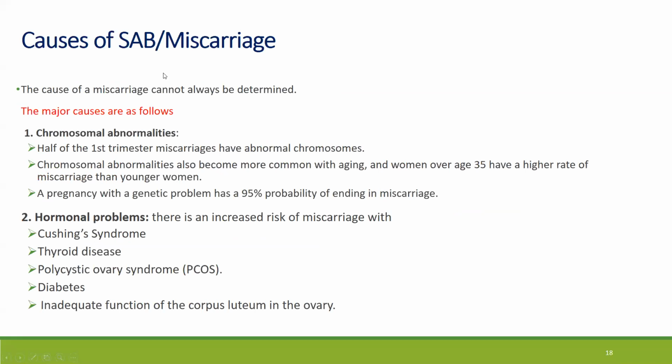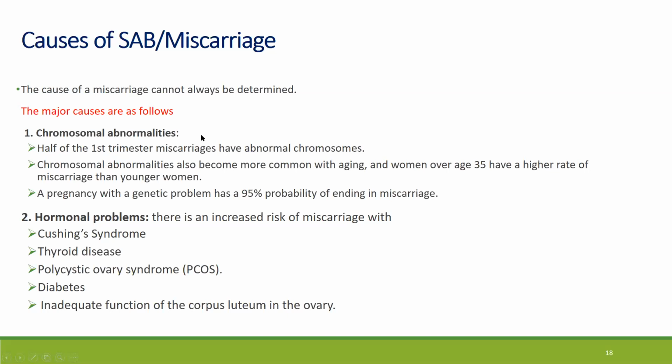Causes of spontaneous abortion or miscarriage. Remember, chromosomal abnormality is actually the most important cause of miscarriage or spontaneous abortion. Half of first trimester miscarriages have abnormal chromosomes.